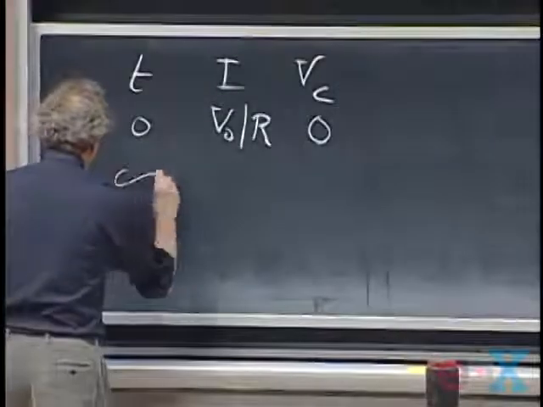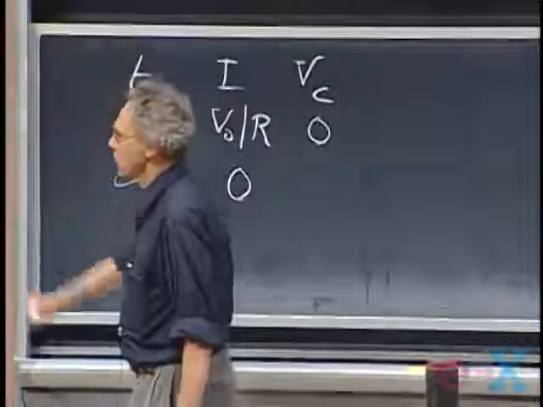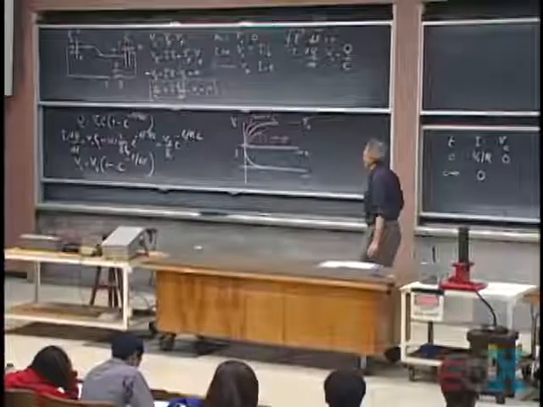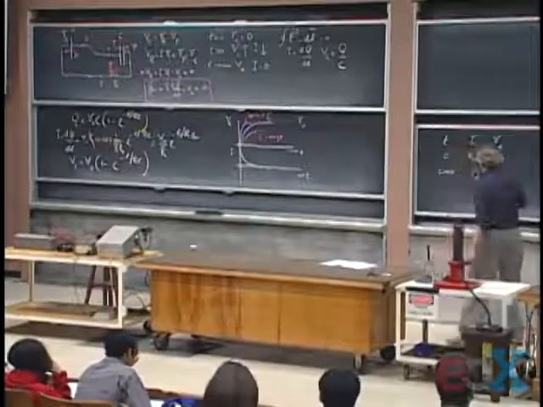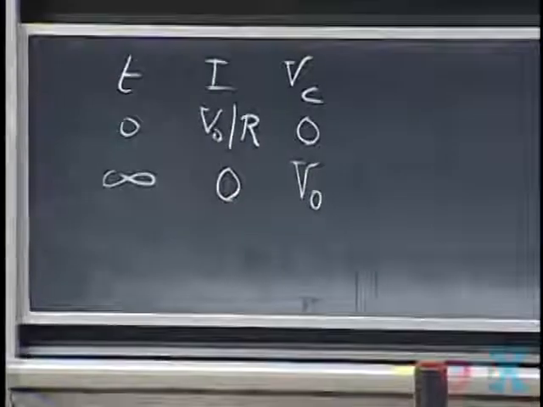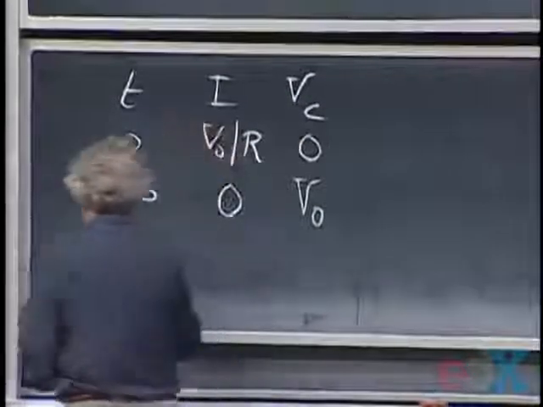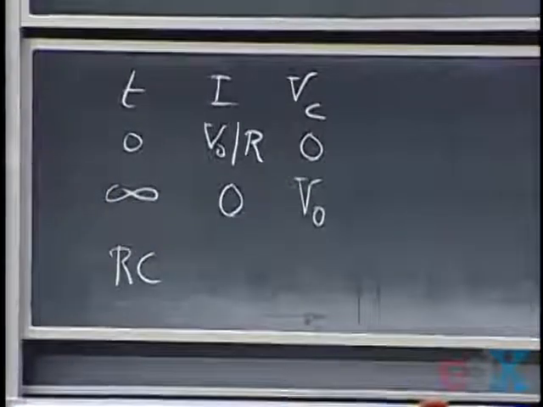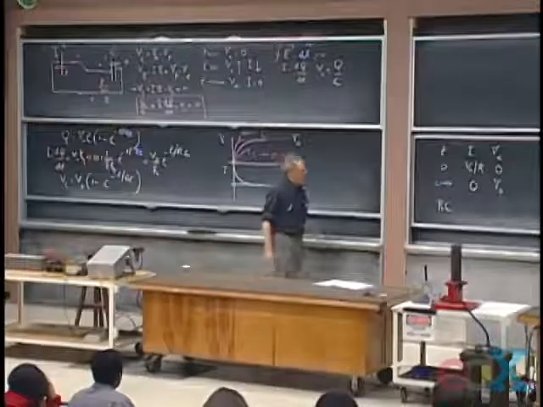If you wait long enough, then the current must go to 0. That exponential function goes to 0, if you wait long enough. And your potential over the capacitance then reaches V0, which is exactly consistent with our solution. If you wait a time RC, that's called the time constant of this circuit. In the case of the current, it's also called the decay time of the circuit.